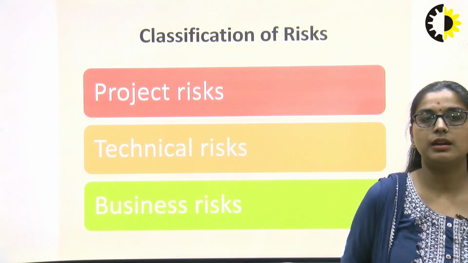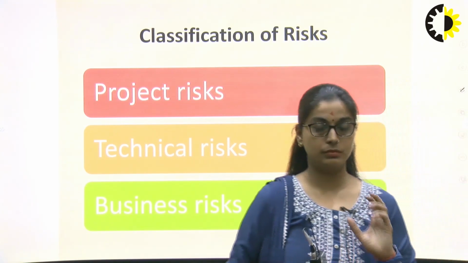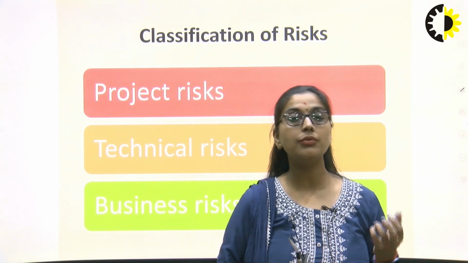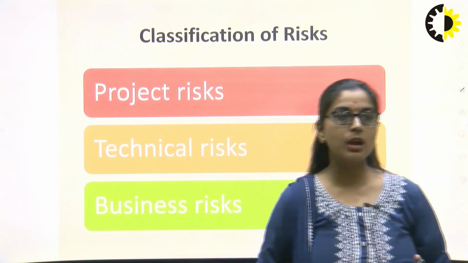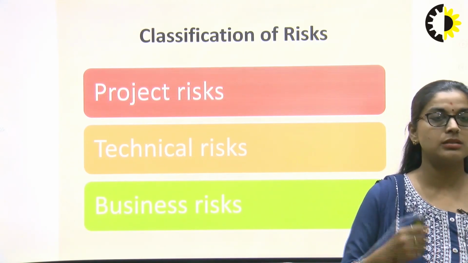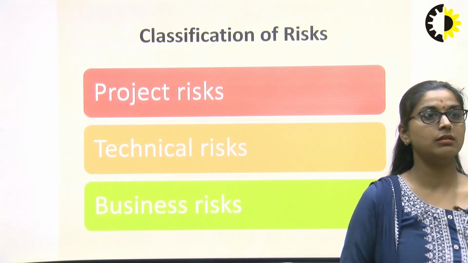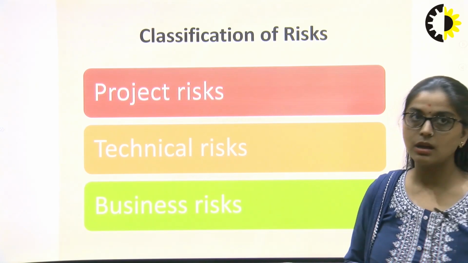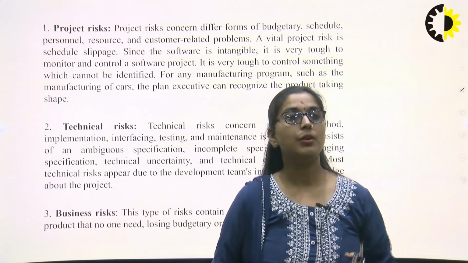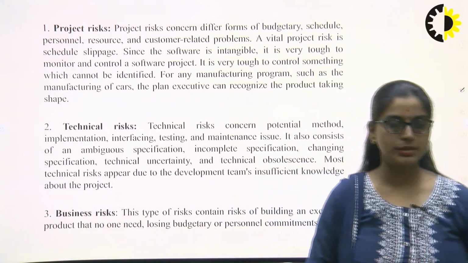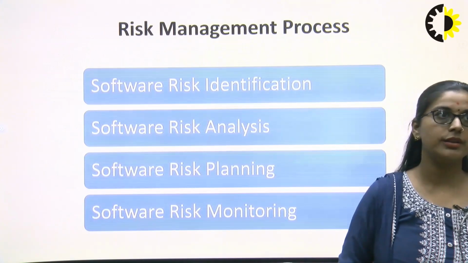As we said earlier, the requirements are not fixed, they are variable. We have to be very ready for any risk, whether project risk, technical risk, or business risk, as we talked about earlier.